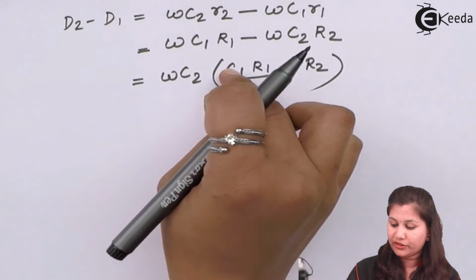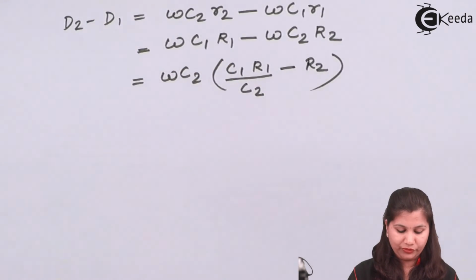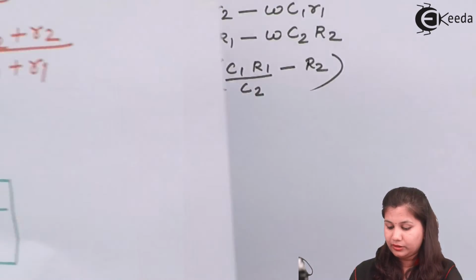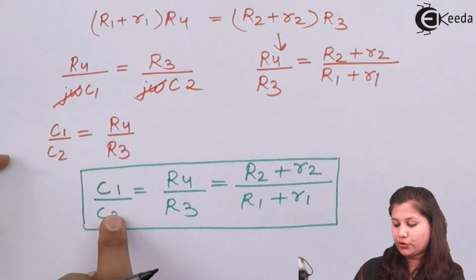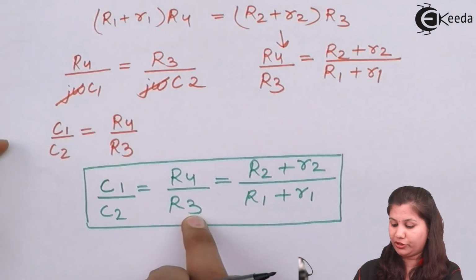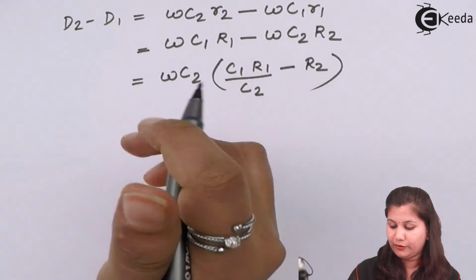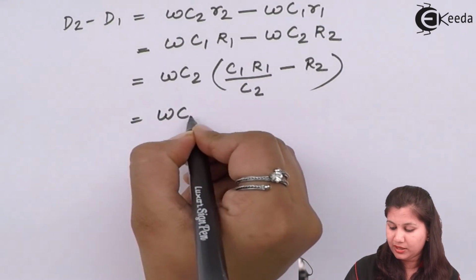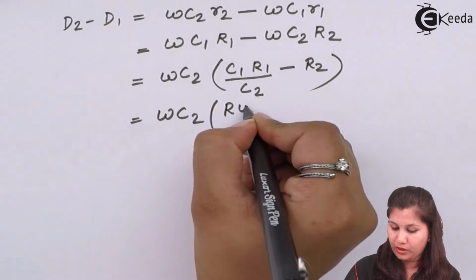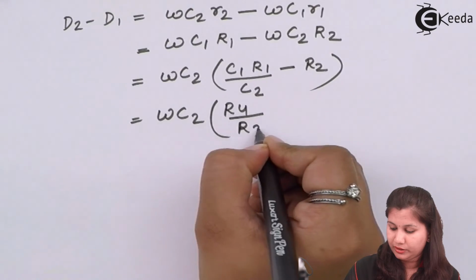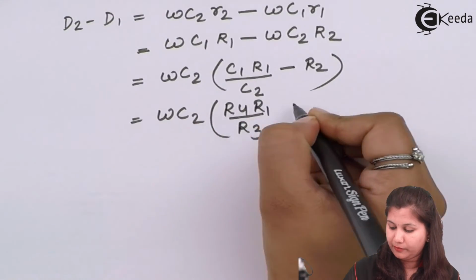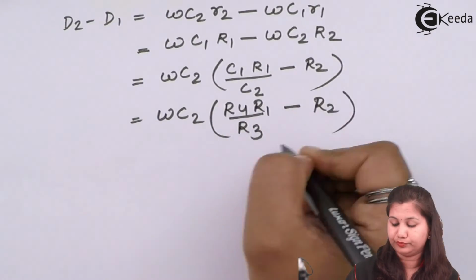Now the value of this ratio C1 upon C2 we have already obtained. C1 upon C2 is also equal to R4 upon R3. So we can put this value here also. So omega C2 R4 upon R3 into R1 minus R2.